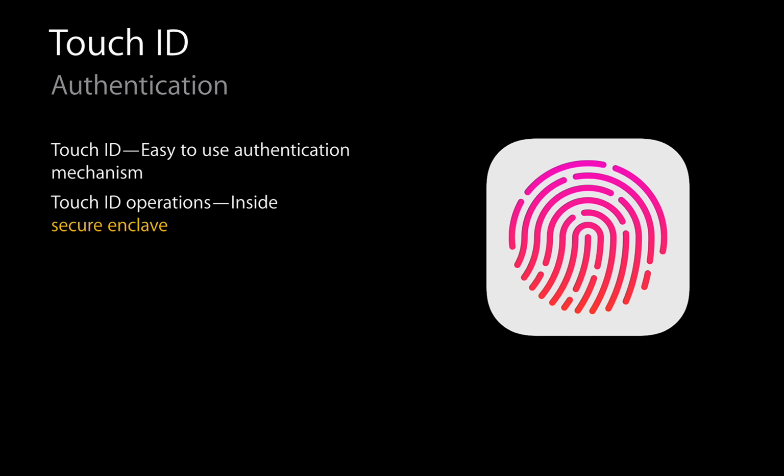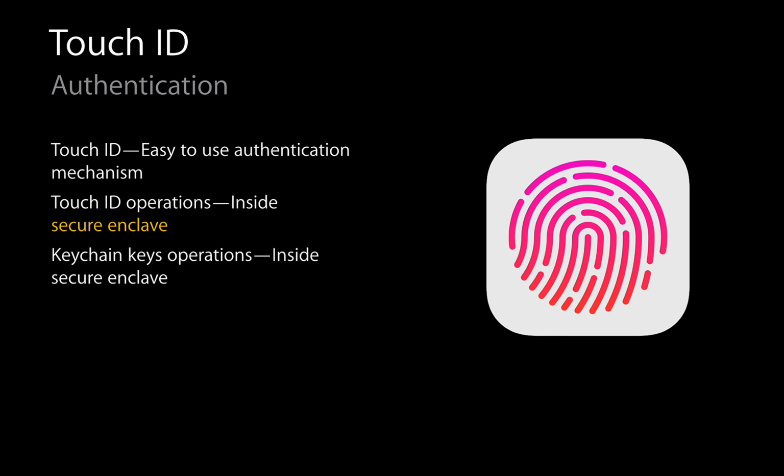The secure enclave contains all the Touch ID data, and the secure enclave also does all the Touch ID operations. And because the secure enclave was created to protect all the data, even in case the kernel has been compromised, all the components which are running inside the secure enclave can trust each other and can trust the data which are protected by the secure enclave.